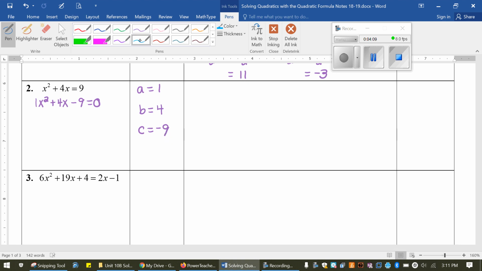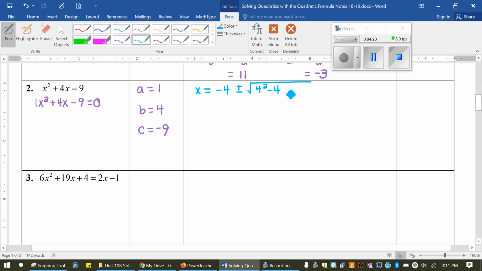And then we're going to apply those into the quadratic formula. So x equals, the opposite of b. Here b is positive, so the opposite would be negative 4, plus or minus the square root of 4 squared minus 4ac, all over 2 times a.